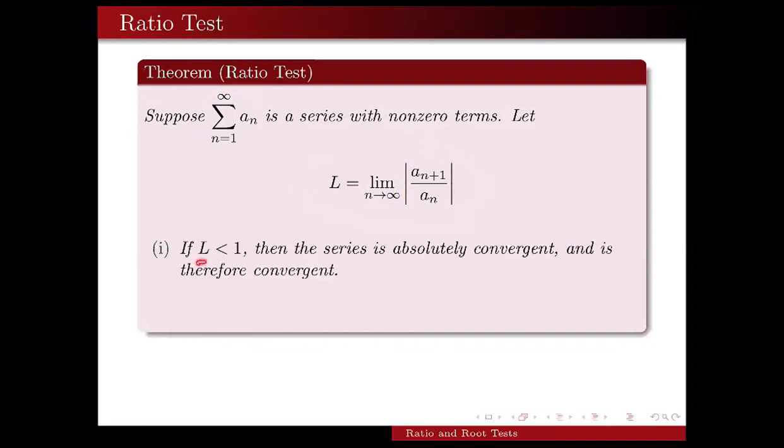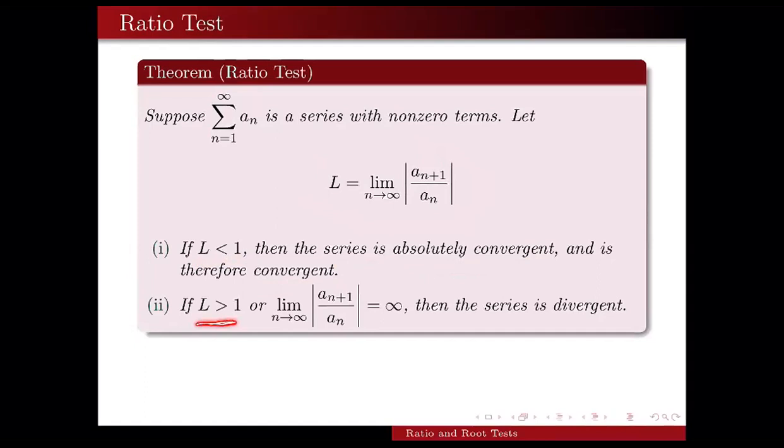If the limit is less than 1, then the series is absolutely convergent, and it means the series is convergent. If the limit is greater than 1, or the limit of the ratio is plus infinity, then the series is divergent.